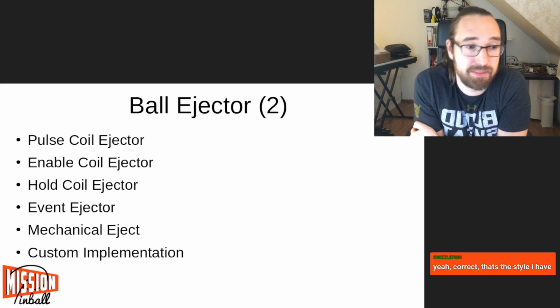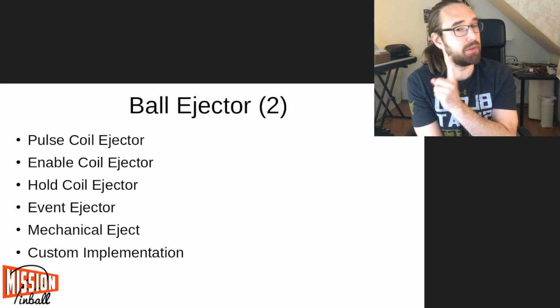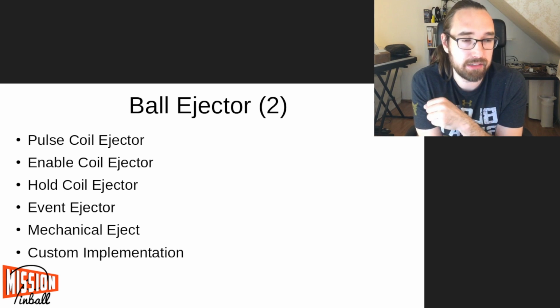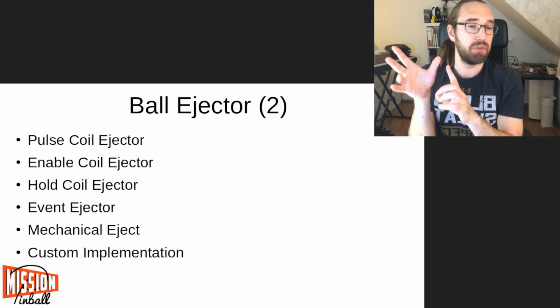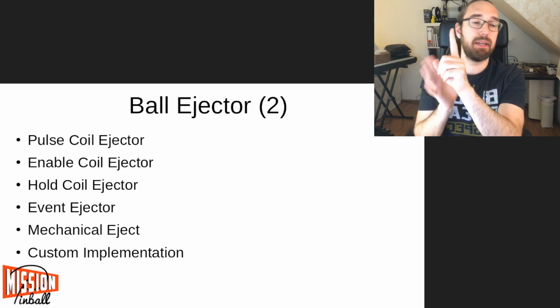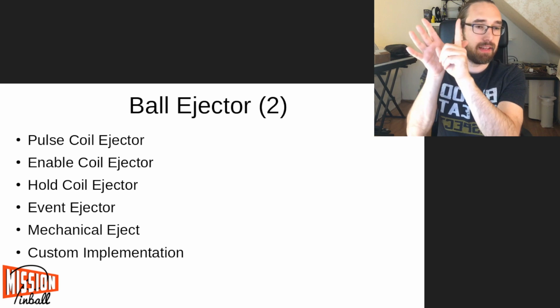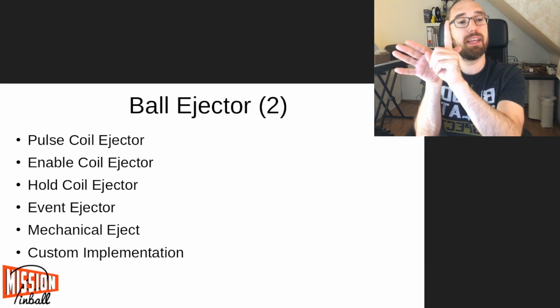But sometimes, and especially at the moment, posts which are default down are more readily available at, for example, Pinball Live, and you can use those as a lock. So you enable them so that they stay up. It's a little bit tricky to make sure that they do not get too hot. And then if you want to eject, you temporarily disable the coil and re-enable it.